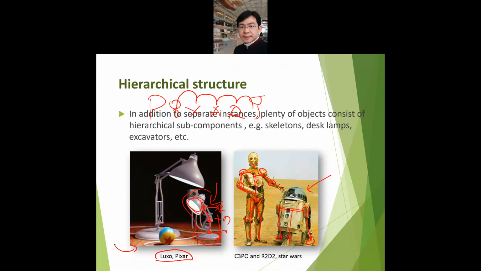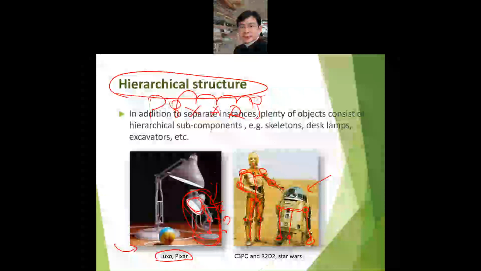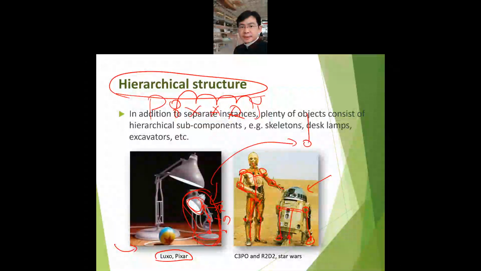We usually call this a hierarchical structure. If you take a look at Luxo, the lamp, you will have a base, then another joint, and then the lampshade. So it's a hierarchy, sort of like a root here, and it could be just like a tree structure. This could be the child, this is the grandchild, right? So this is a hierarchy system.